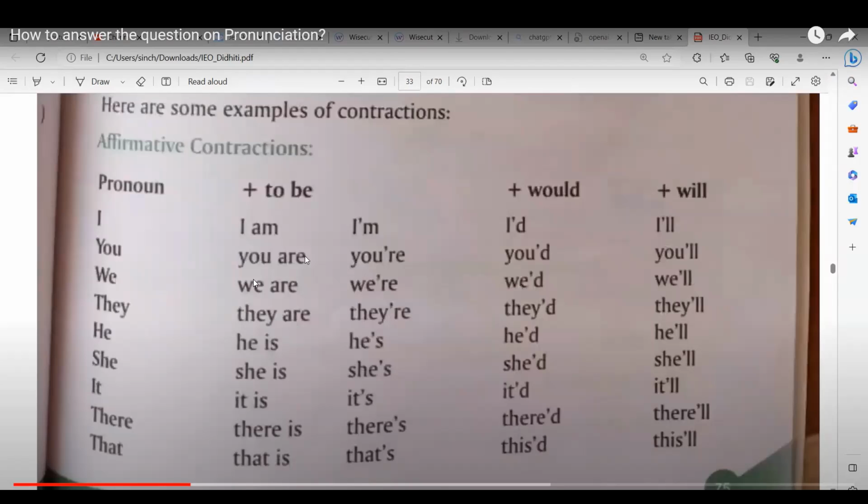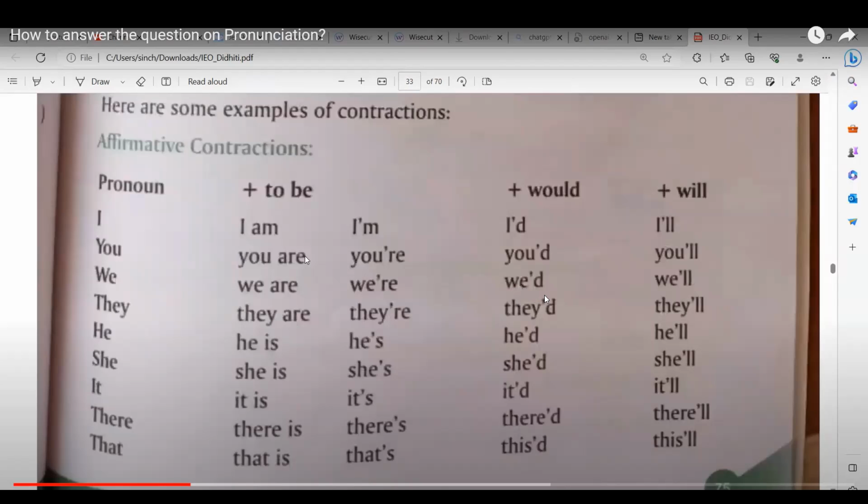Very good. So, Tuhin, explain it. Instead of which alphabet are we using the apostrophe here? Ma'am, putting the A of "are" we write apostrophe RE.